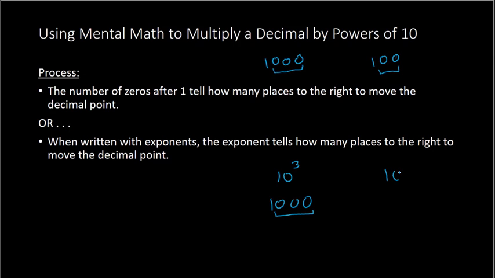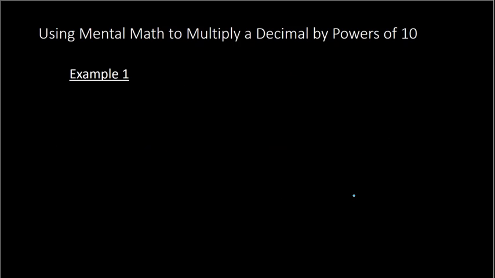If it was 10 to the first power, for example, that would be just 10, or 1 0. So there's 1 zero, and notice 1 is also the exponent. So the exponent and the number of zeros both tell us the number of places to move the decimal point. So let's try some examples of each, where you have just the zeros written after, or when you have the exponents.